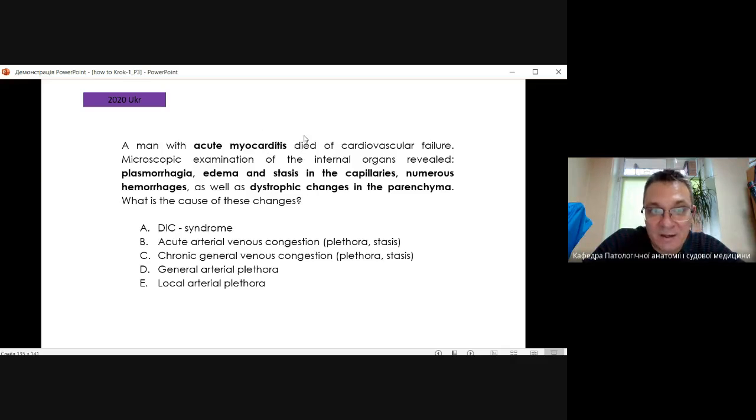A man with acute myocarditis died of cardiovascular failure. Microscopic examination of the internal organs revealed plasmorrhagia, edema and stasis in the capillaries, numerous hemorrhages, as well as dystrophic changes in the parenchyma. What is the cause of these changes? DIC syndrome, acute general venous congestion, chronic general venous congestion, general arterial plethora, or local arterial plethora.